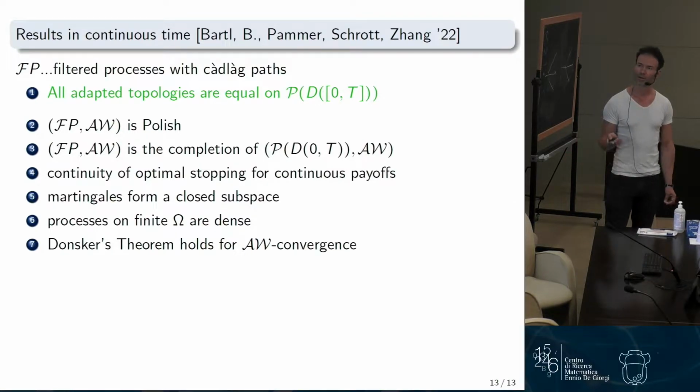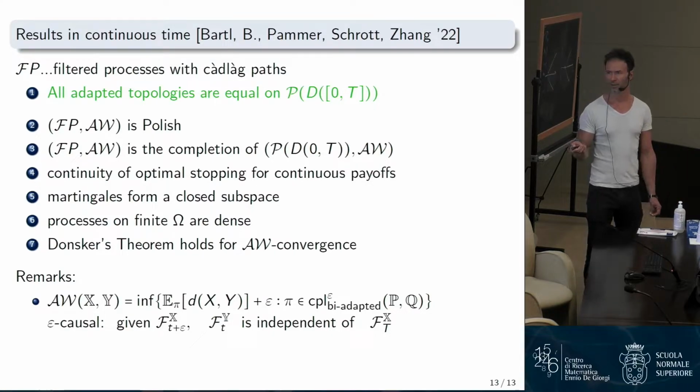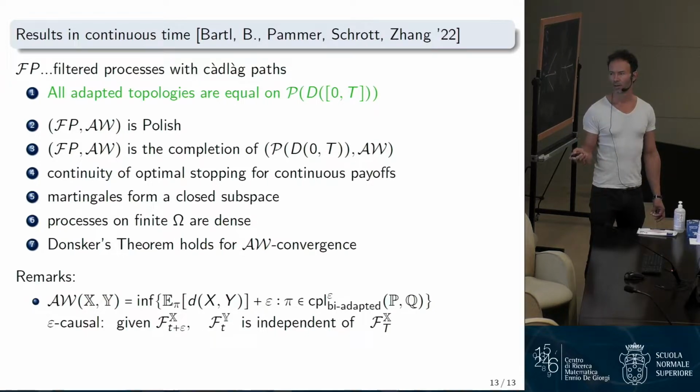I want to make one remark, namely that in continuous time, what seems to be important is to allow some flexibility with respect to the information structure. So here I have a notion of bi-adapted mappings plus some epsilon, and this epsilon is allowing you to look a bit into the future.